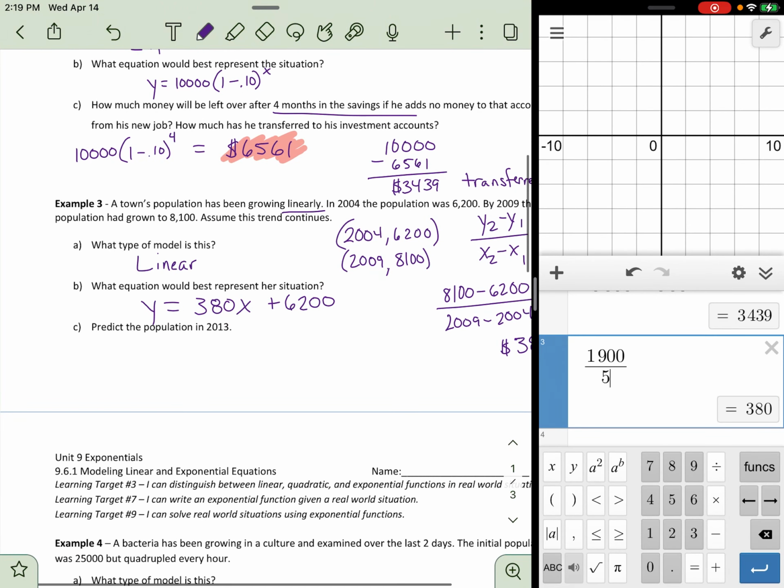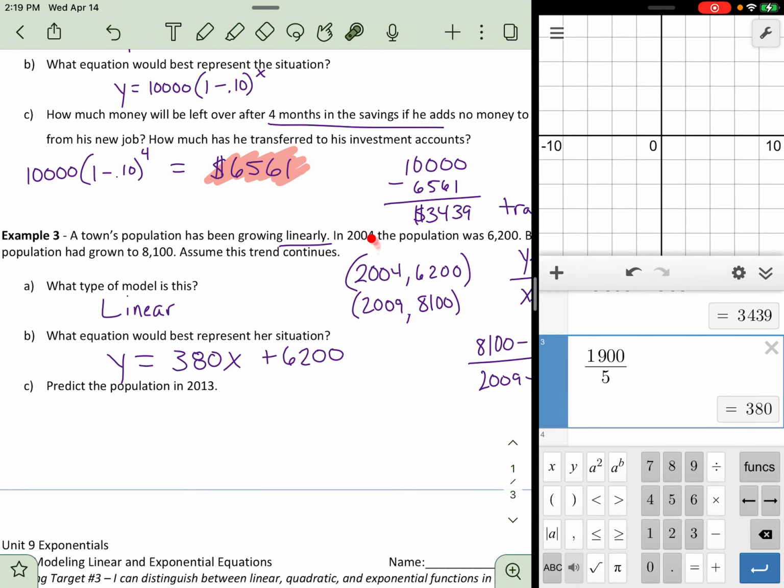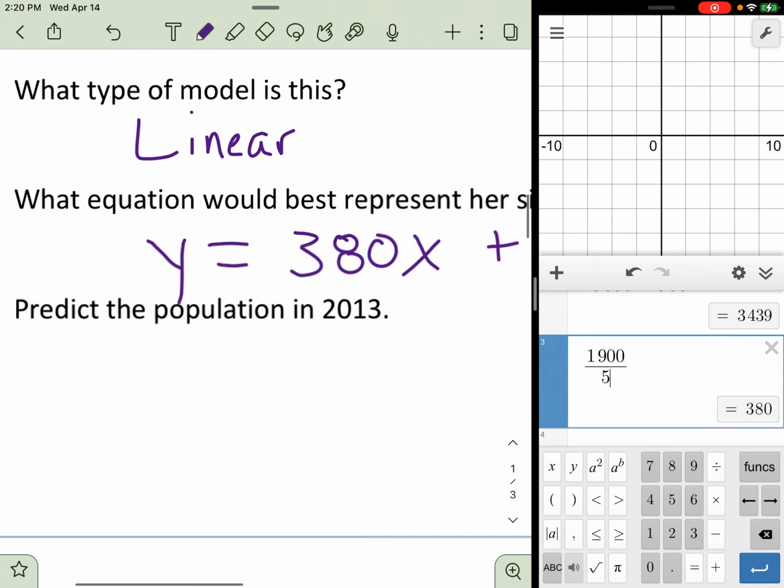So now the question becomes, predict the population in 2013. Well, if we know our formula, from 2004 to 2013, that is 9 years. So if we say that this is our starting value, after 9 years, we just plug in the 9.